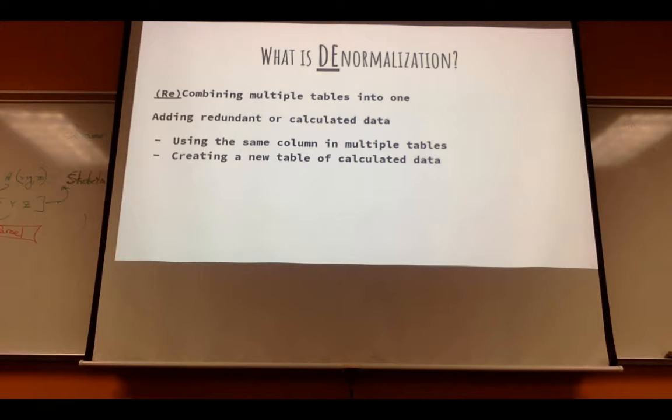So just like everything else in this class and everything else in computer science, there's always an exception. There's always a reason to do something differently. The two most common ways that you go against normal form are if you use the same column in multiple tables, or if you are creating either a new table or a new column of calculated data.